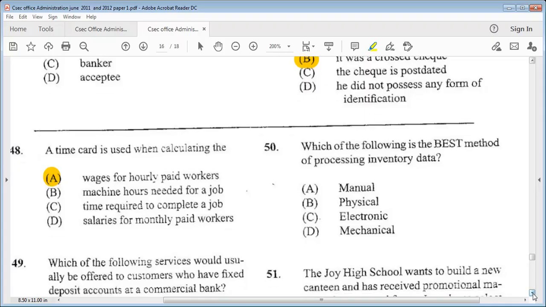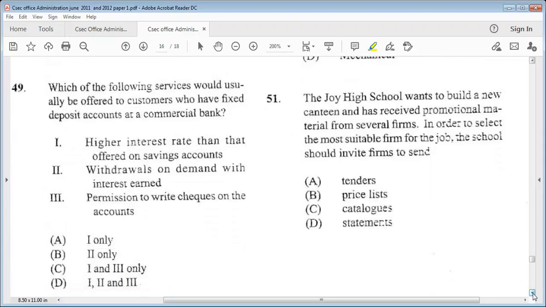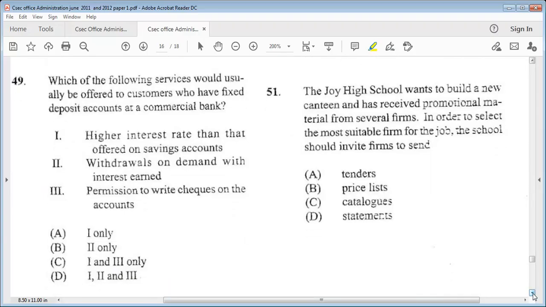All right, let's go on to question 49. Which of the following services would usually be offered to customers who have fixed deposit accounts at a commercial bank? 1, higher interest rate than that offered on savings accounts. 2, withdrawals on demand with interest earned. 3, permission to write checks on the accounts.